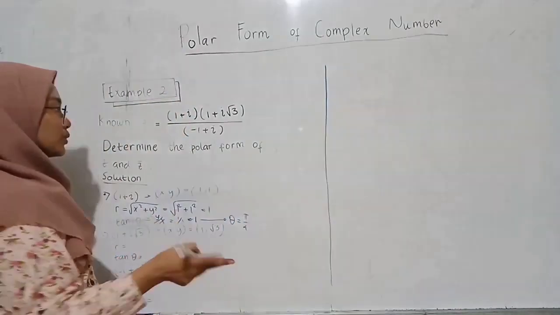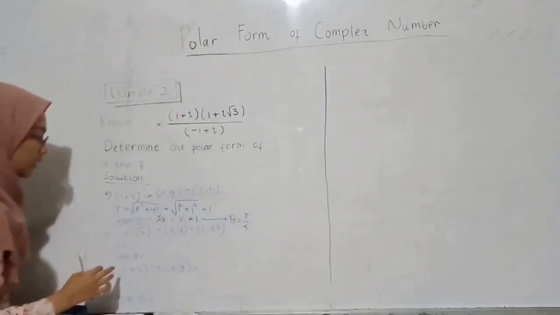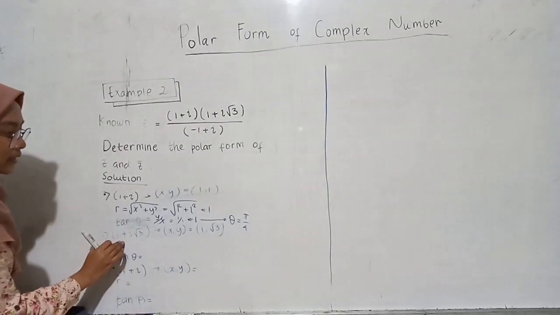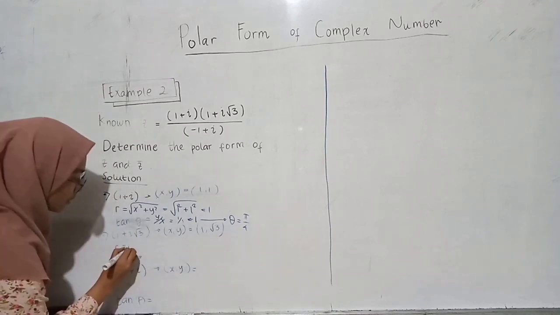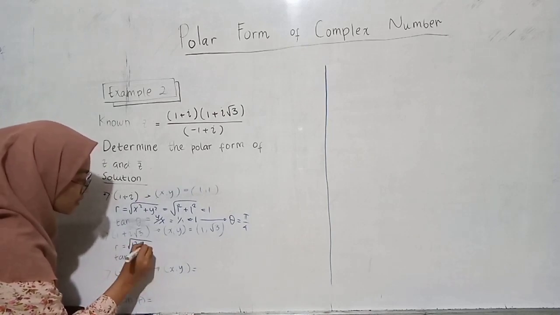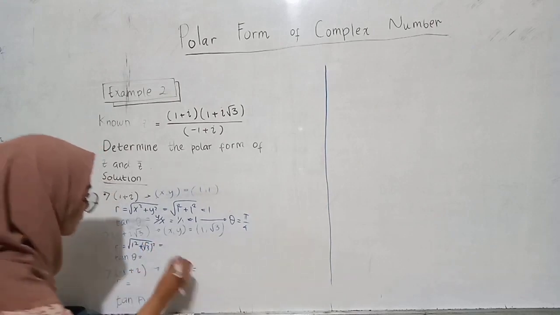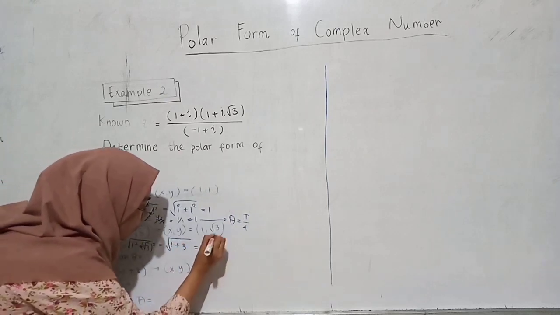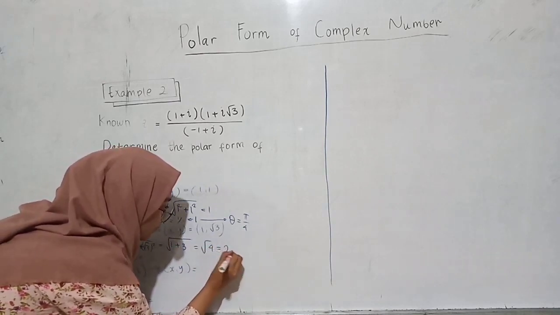And part number 2 is 1 + i√3. We can analyze that (x, y) is (1, √3). So we can get r is the square root of 1 squared plus √3 squared, equals the square root of 1 plus 3, equals the square root of 4, equals 2.